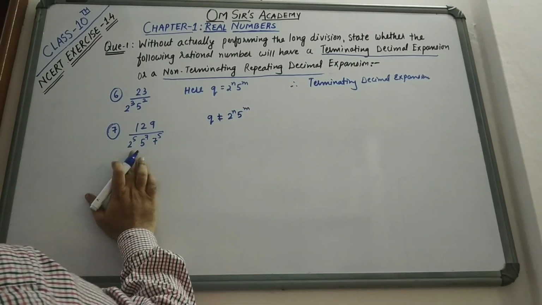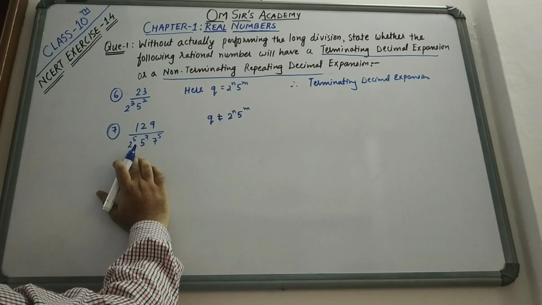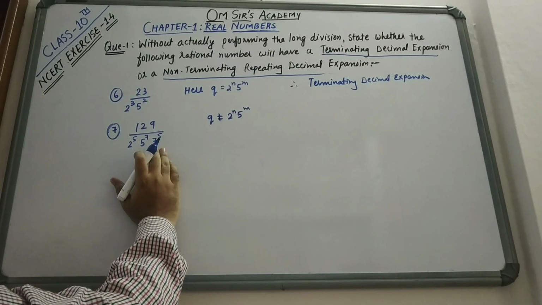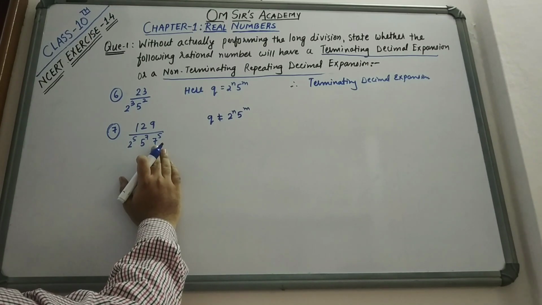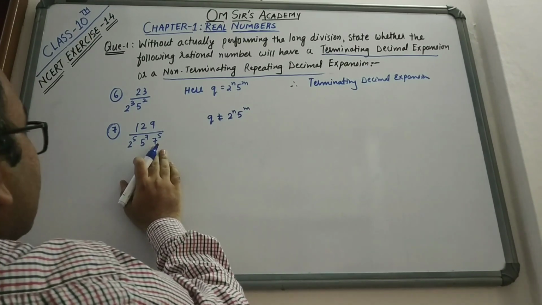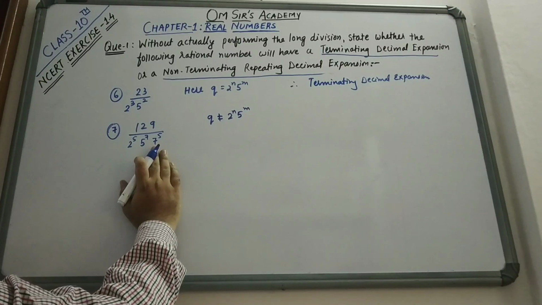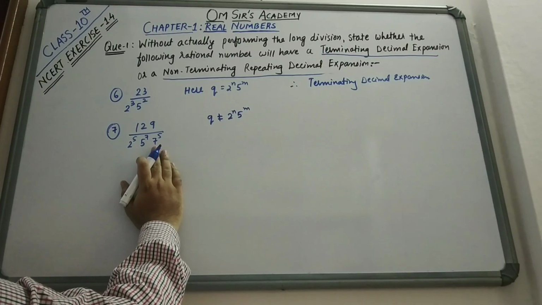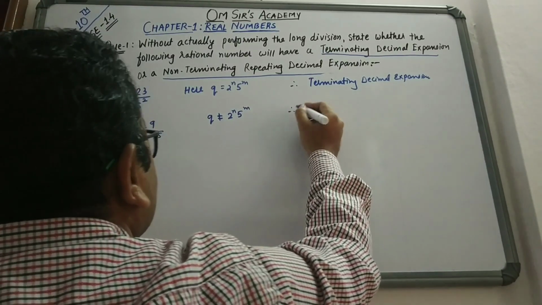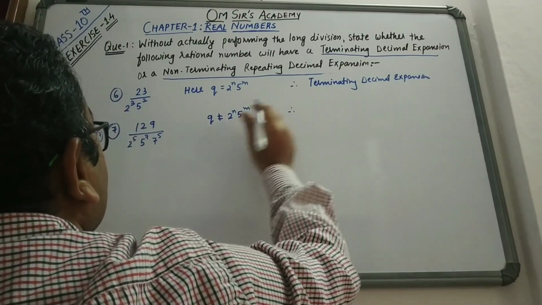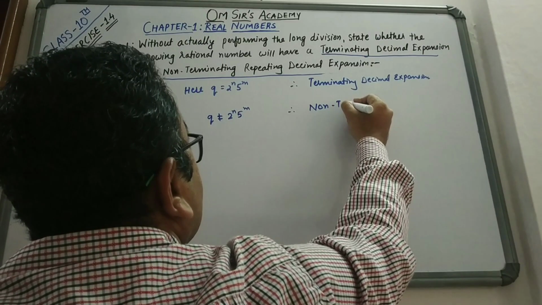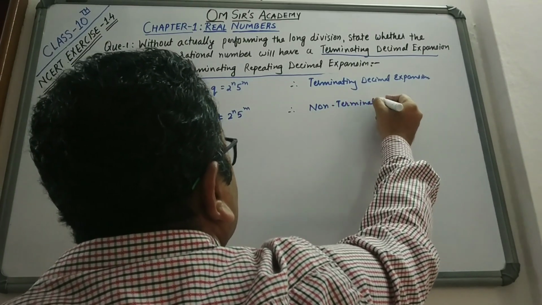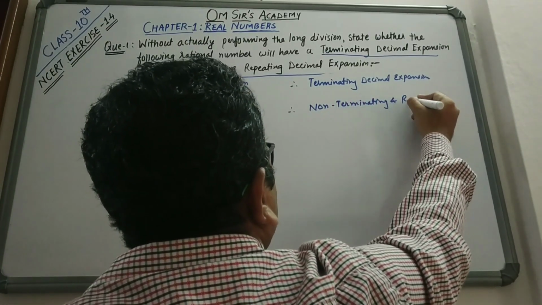Because here in place of q, there is another prime factor other than 2 and 5, that is 7. So here it will have what? A non-terminating and repeating decimal expansion.